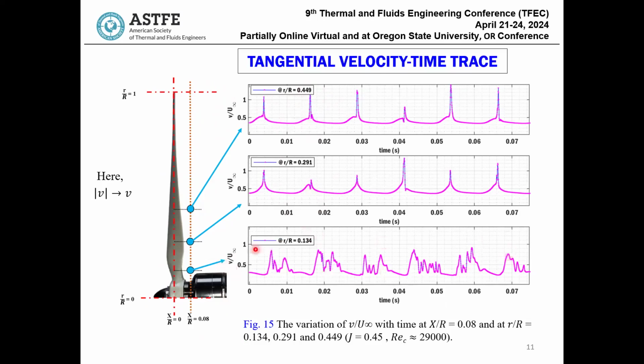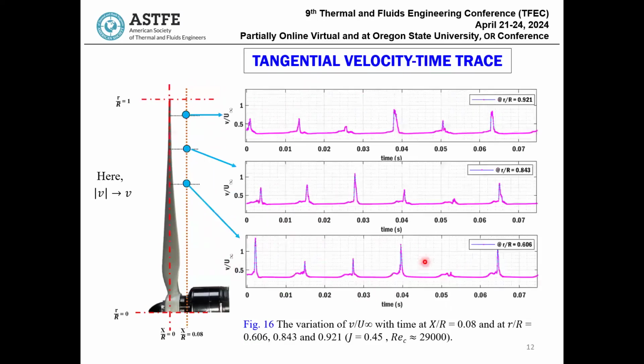But here the rotor wake is different, much more periodic than the earlier one. And when we approach the tip, there is again not much acceleration and deceleration, but also a lack of swirl velocity.